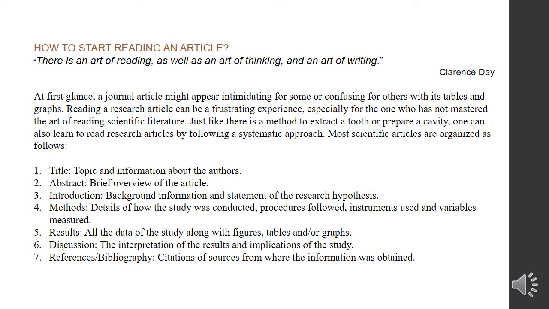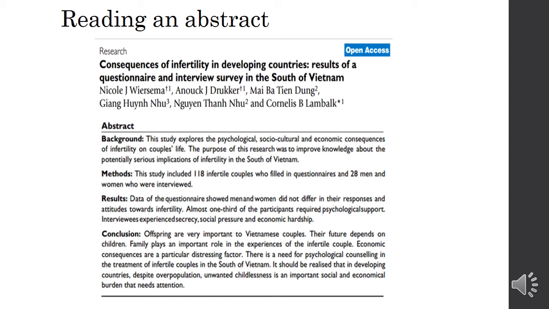One can also learn to read a research article by following a systematic approach. Most scientific articles are organized as follows. The first is the title, and then the abstract. It is followed by the introduction, and then the method, after that the results, and then the discussion, and the last we find the references or bibliography. Well, in today's meeting, we're going to focus on reading an abstract.